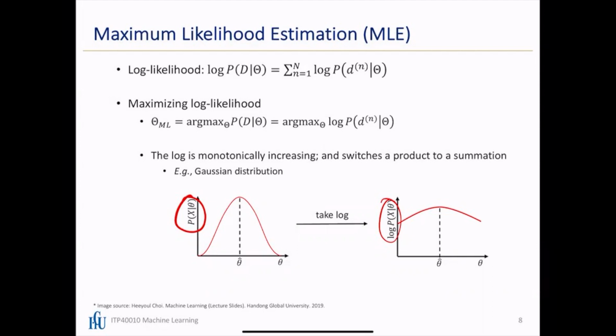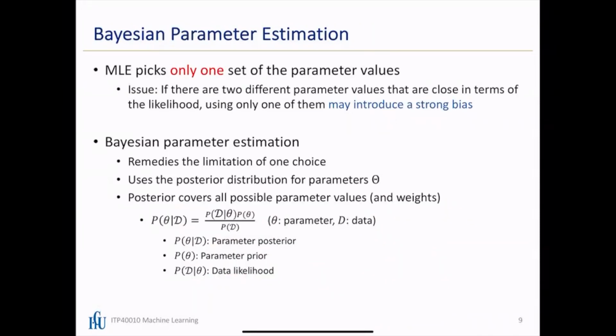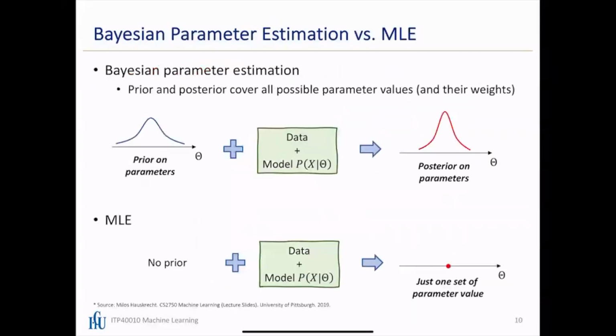The point that I want to discuss though is that the pattern of increase or decrease does not change even after you take log. That is because log is monotonically increasing. Again, the maximum location does not change even after you take the log. So that is the idea of maximum likelihood.